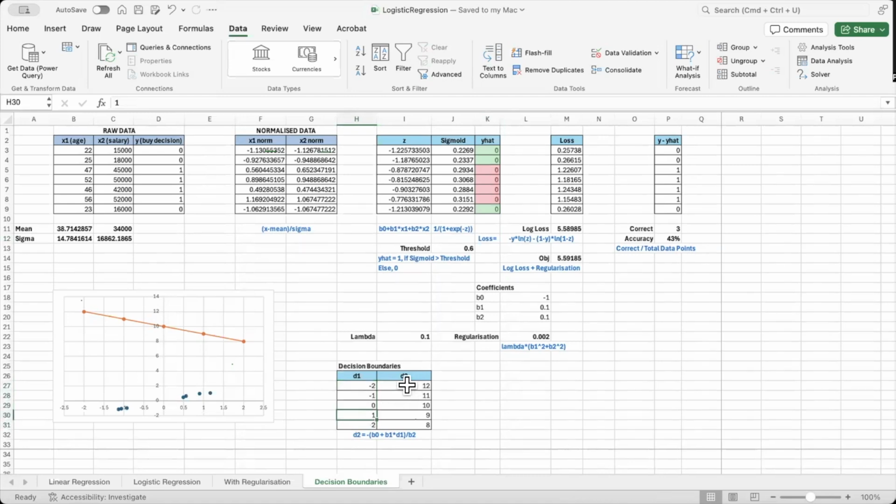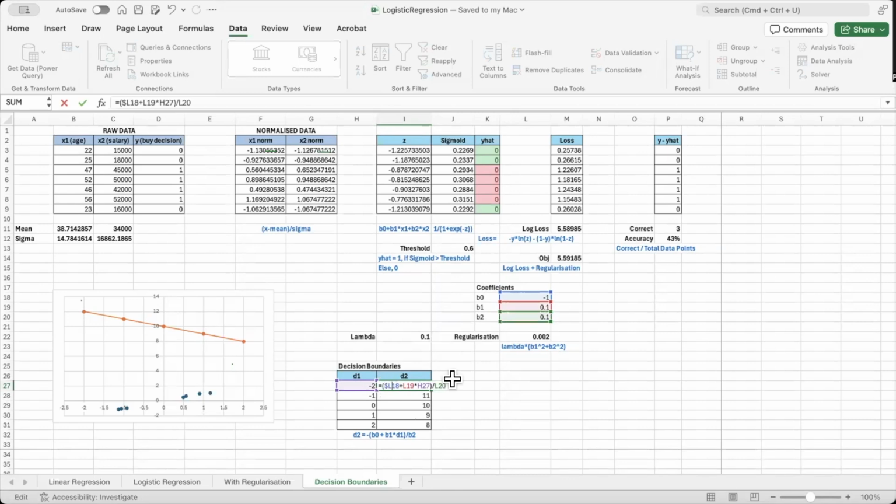And I calculate D2 as betas. This is equal to beta 0 plus beta 1 into D1 divided by beta 2. So let me fix these values of beta.